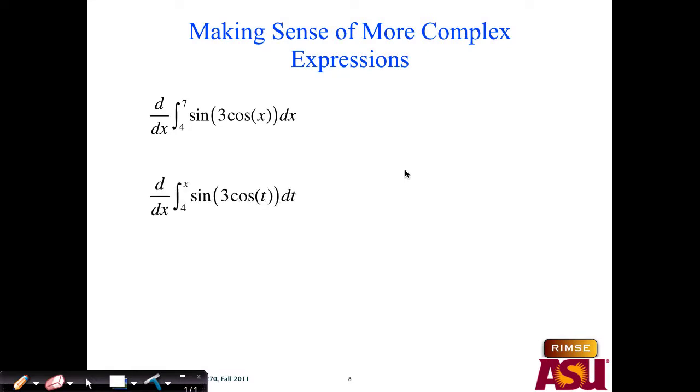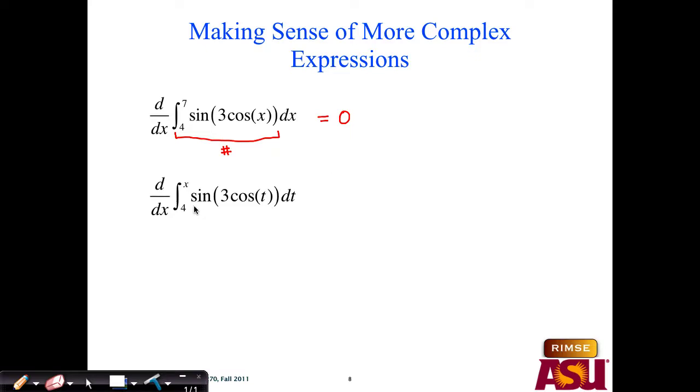Here's the second one. We said that the result for this first question was 0 because this accumulation is a number, and the derivative of a number is 0. Derivative of a constant is 0.